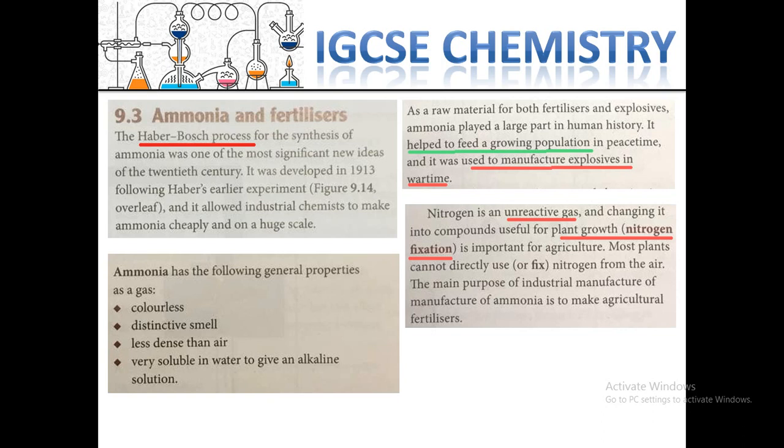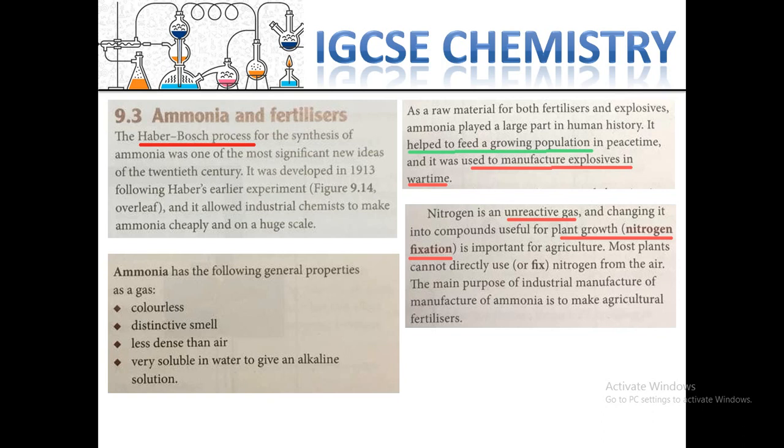All right. So here on the right column, we can see one of the most important benefits of ammonia is helping for growing plants and to help farmers.